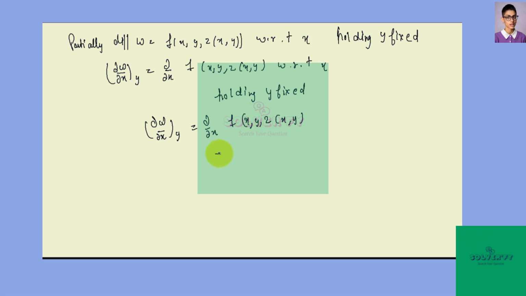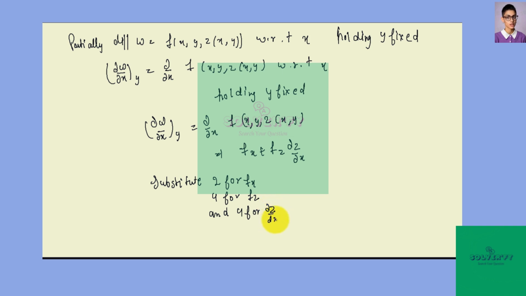There is a function. We have the value f_x plus f_z ∂z/∂x. It is easy to solve. We substitute the values: 2 for f_x, 4 for f_z, and 4 for ∂z/∂x in the equation.